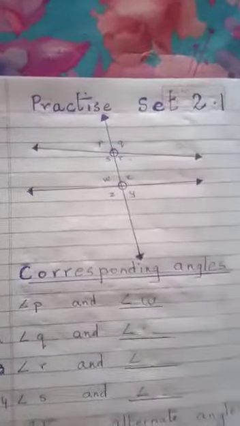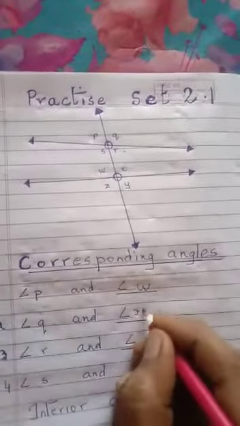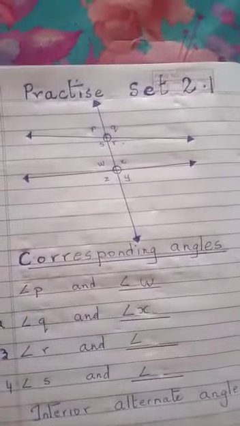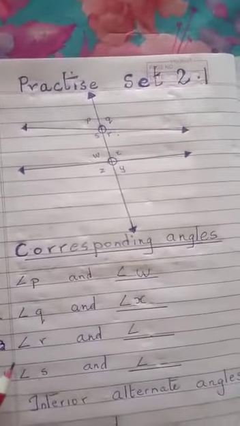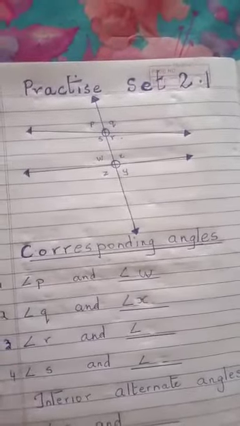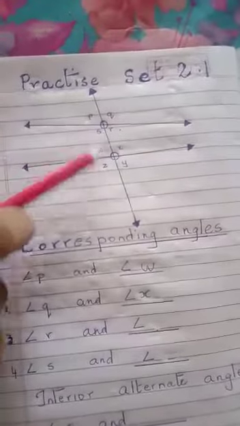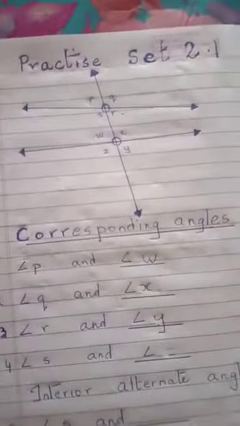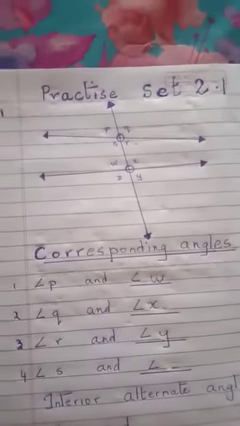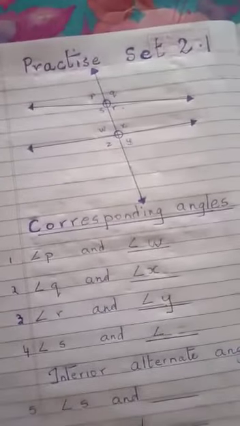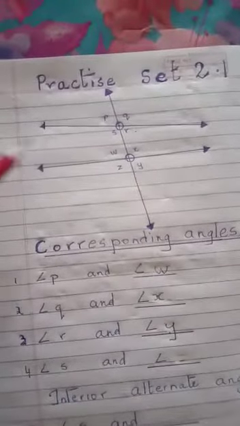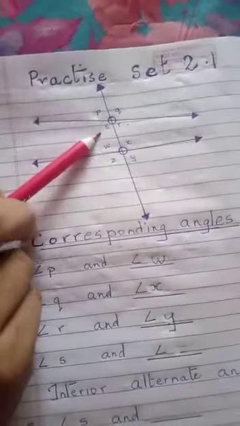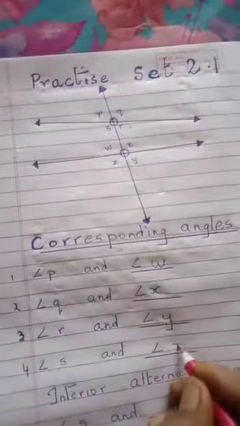The answer is angle X. The next, angle corresponding to angle R is angle Y. And the angle corresponding to angle S is angle Z.